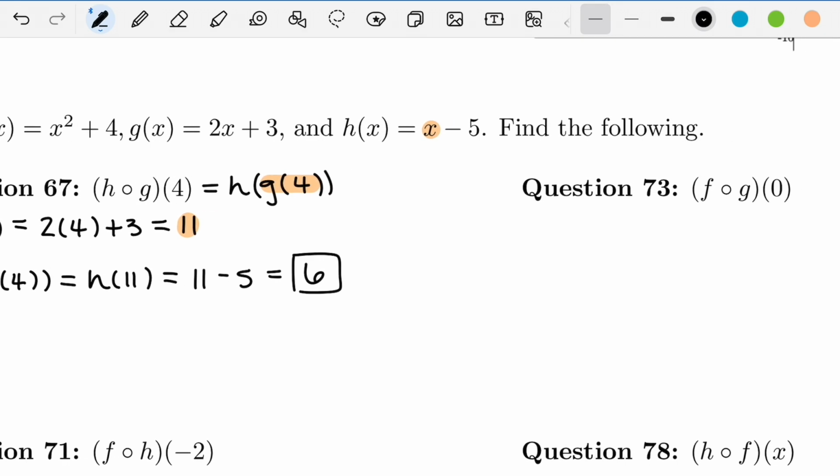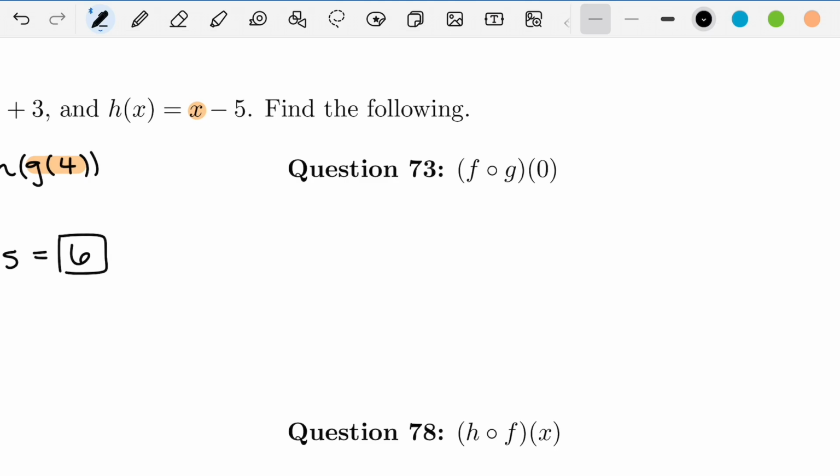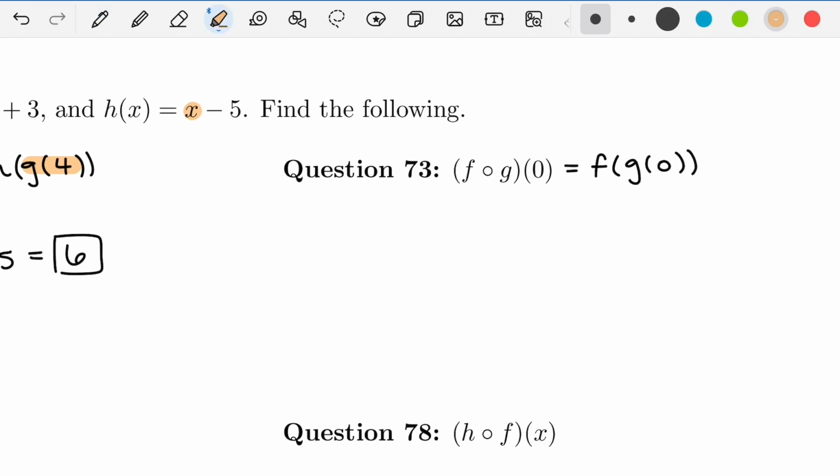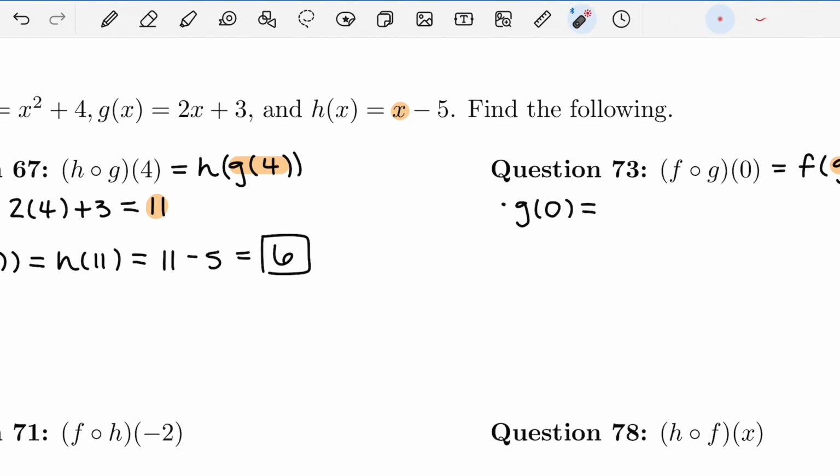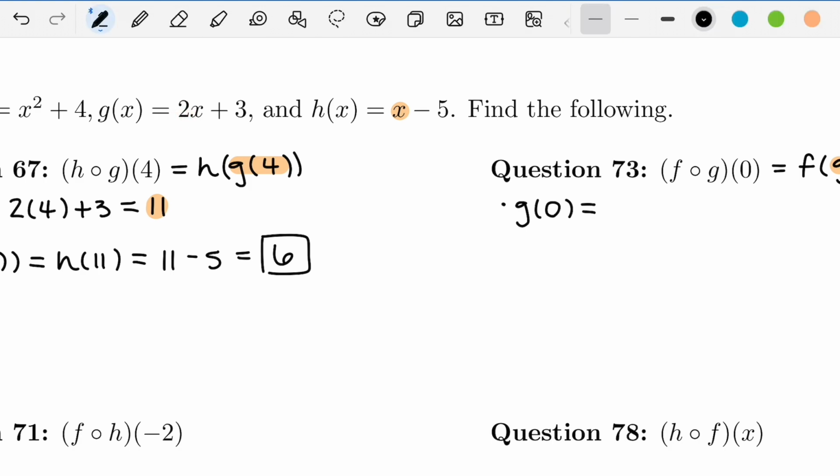All right, let's look at this next example here. Again, dealing with the composition of functions, and we can rewrite it using this notation here. So we're evaluating our function f at this value g of 0. So the first thing we'll do is evaluate g at x is equal to 0. Doing so, we just plug 0 into this polynomial function, and we're going to get 3.